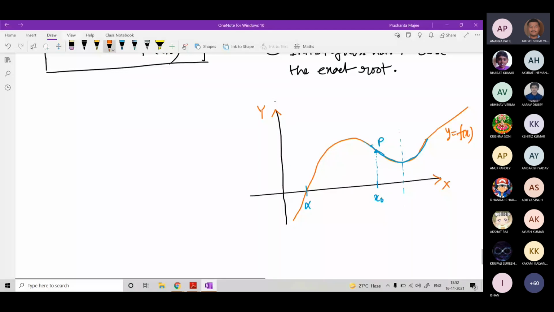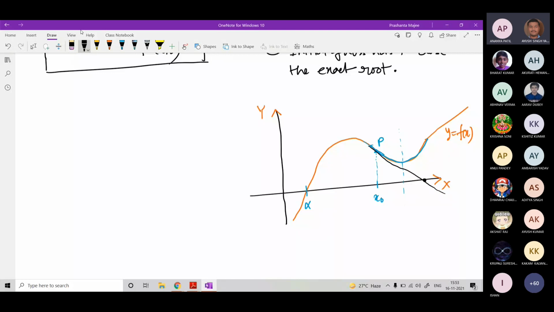So this is the tangent at the point x naught comma f of x naught.